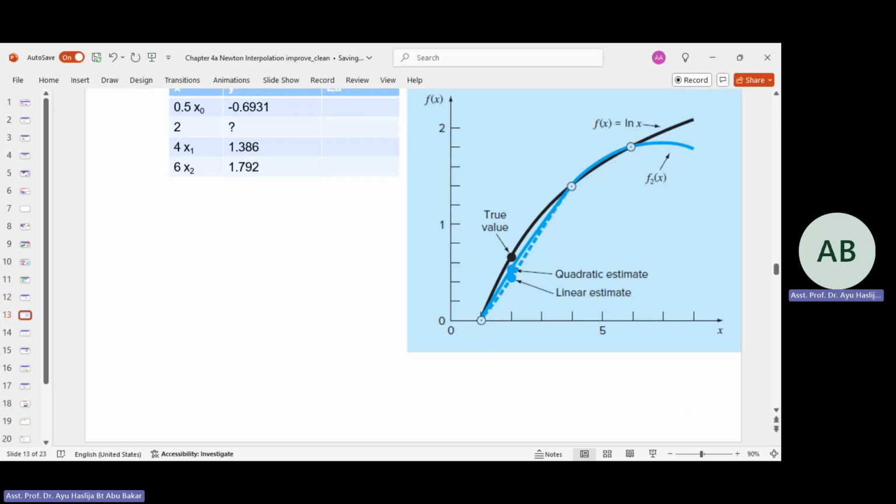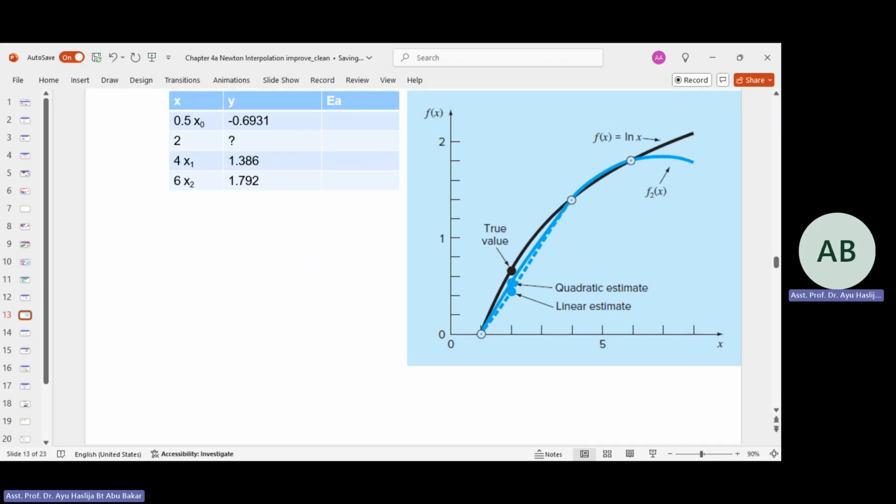Okay, so we do step by step. Now put it into table form. Always put it into table form so that it will be more organized. So this is your x0, x1, x2.